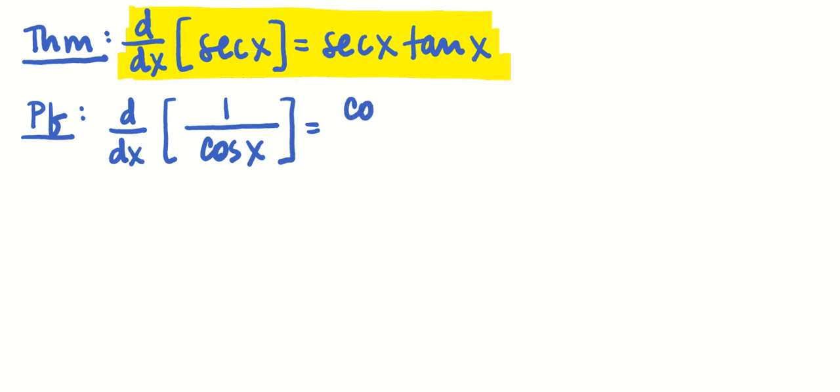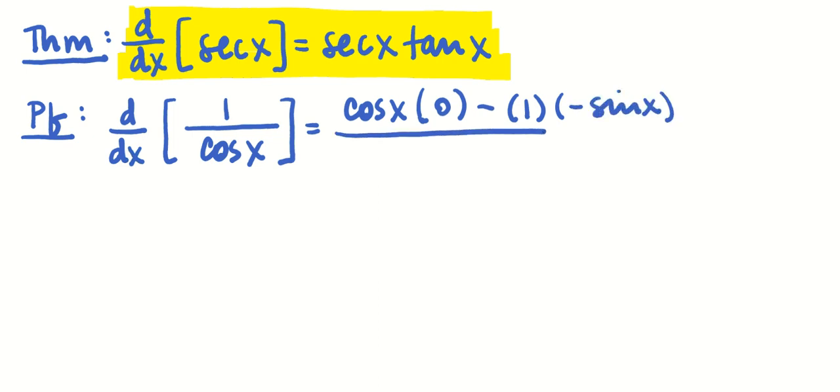So this is bottom times the derivative of the top, and the derivative of 1 is 0, minus the top times the derivative of the bottom. Wait, that's negative sine x, divided by the bottom squared. So that's cosine squared x. This is 0 plus sine x.